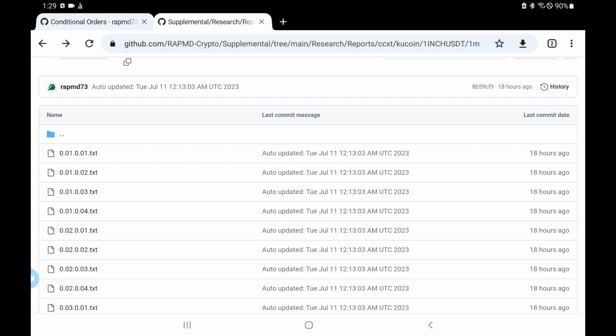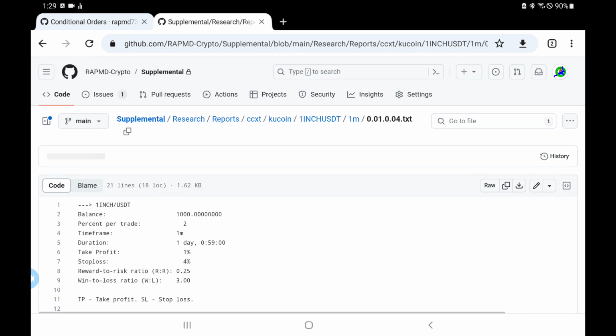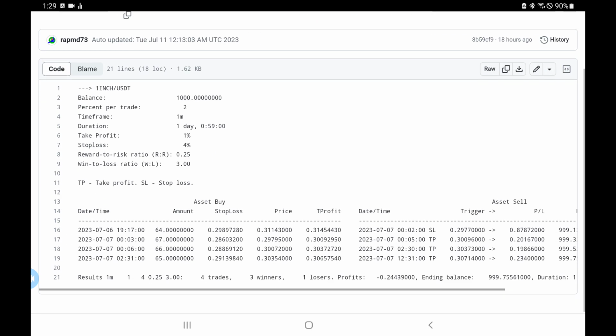For example, a 1 to 4. There should be a 1-5, meaning 1% take profit, 5% stop loss. It's not there because the system didn't make any sells. This only measures when an actual purchase and sell takes place. This is not about holding. This is about selling, whether you make money or you lose money, because you're not making money if you're just holding.